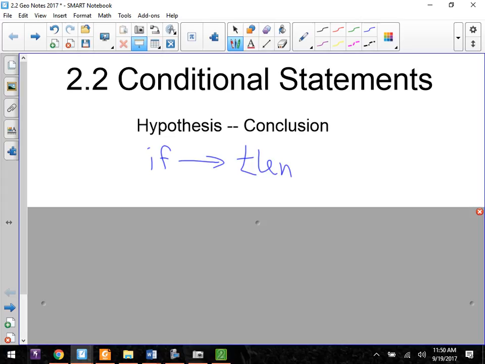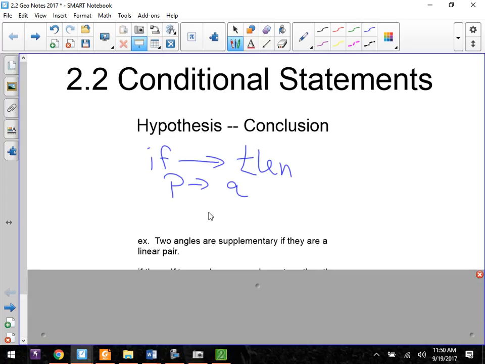If then, P implies Q. It came from watch your statements. Conditional statements, if, then. Hypothesis, conclusion. P implies Q. That's where this comes from. Okay? P implies Q.